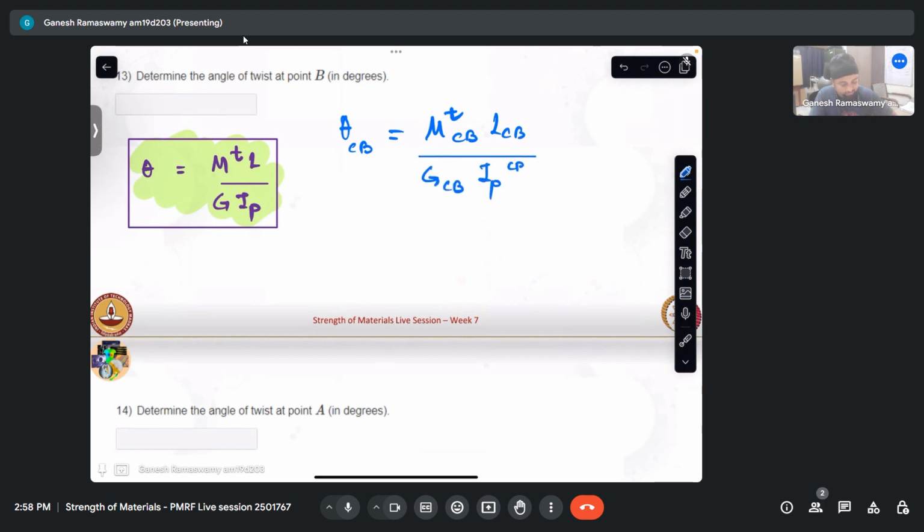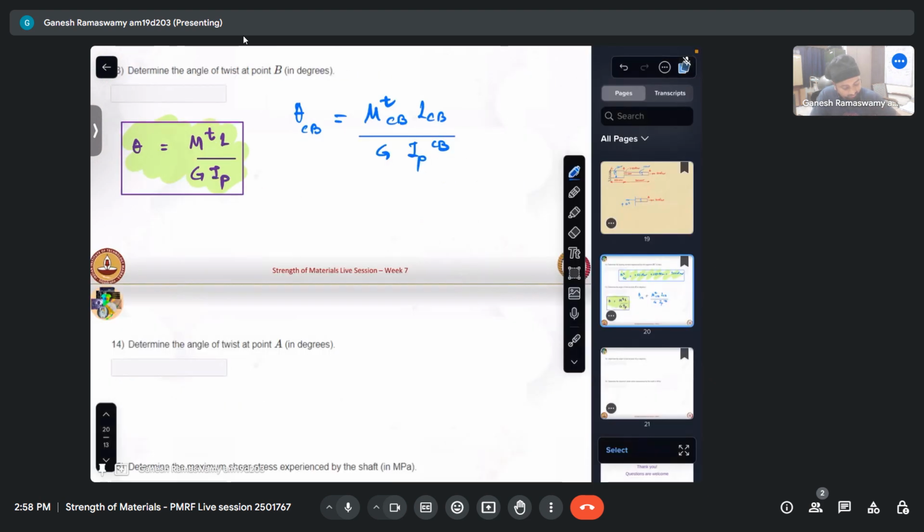But we know it is a homogeneous shaft, the same material, so I can just simply put G here. Everything else is changing because it is a stepped shaft. So we need to compute these quantities. Let us go ahead and do that.